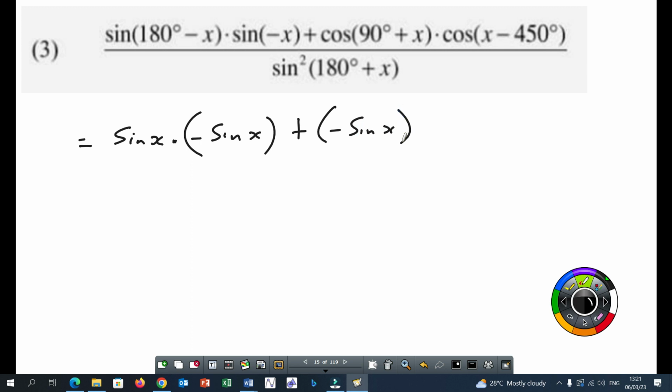Now, this one here, the cos x minus 450, let me explain it from the basics. So that's cos x minus 450 degrees. We can add 360 degrees to it.